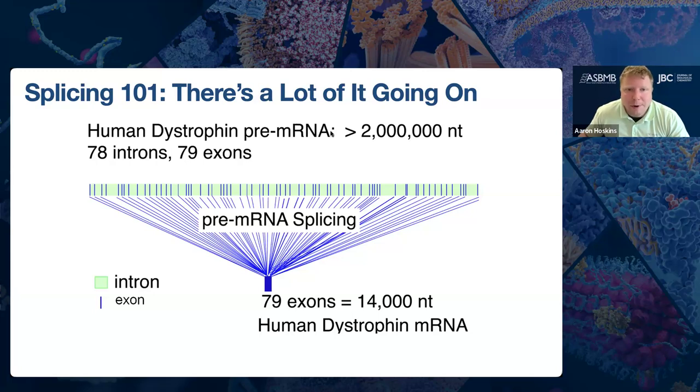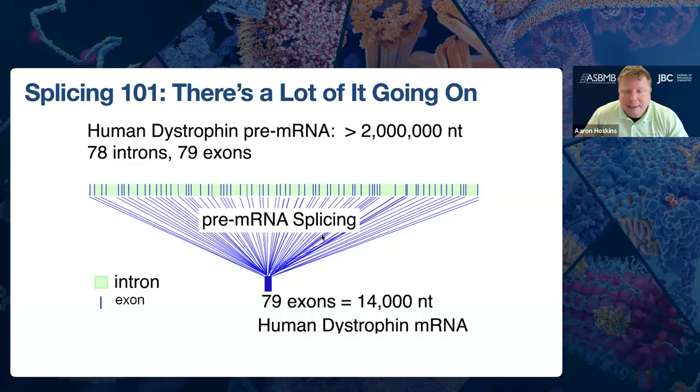The dystrophin pre-mRNA, the nascent transcript, if it were to be made completely without being spliced, would be 2 million nucleotides in length. It takes RNA polymerase about 16 hours to go from the beginning of the gene to the end of the gene. This contains 78 introns and 79 exons.